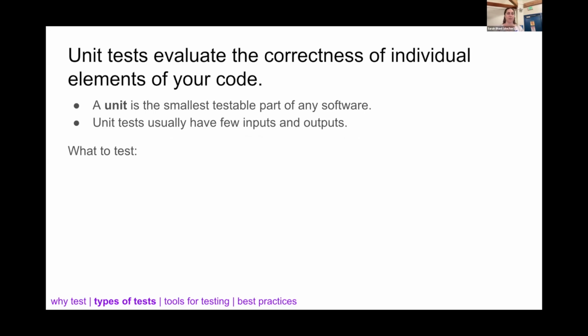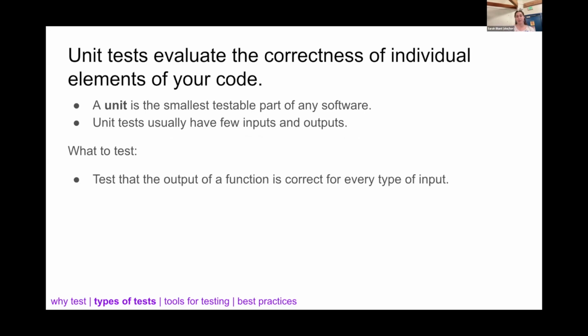Let's talk about some examples of what you might test for unit tests. You might test that the output of a function is correct for every different possible type of input. So let's say you write a function that sums two Python objects, and it works for several different types of Python objects. So you might want to test that it works for strings and arrays and floats, for example.